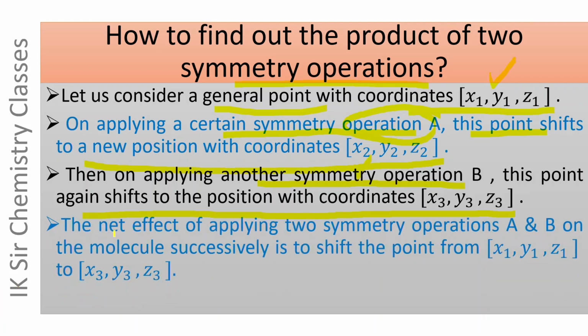Thus, two symmetry operations A and B are applied on the molecule successively, that is one after another, and the net result is the shift of the point under consideration from x1, y1, z1 to x3, y3, z3.